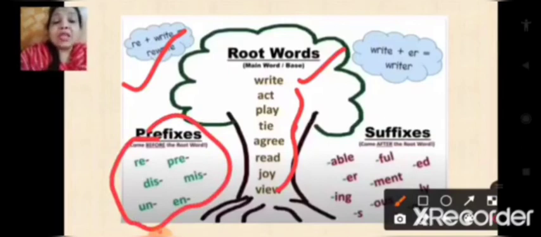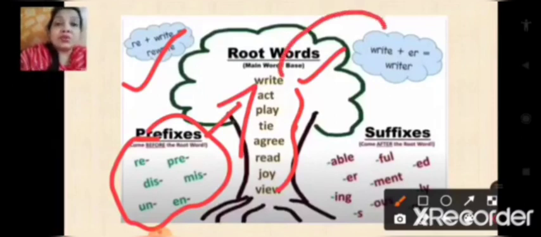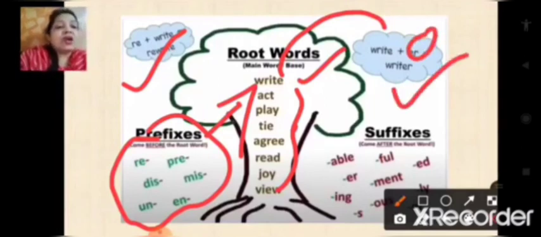You can make your own words, okay, by relating it with your root words, and you can do this practice. Now to the right hand side, what we have is suffixes. Now suffixes are the words which come after your root word, right? So write and that's writer, correct?